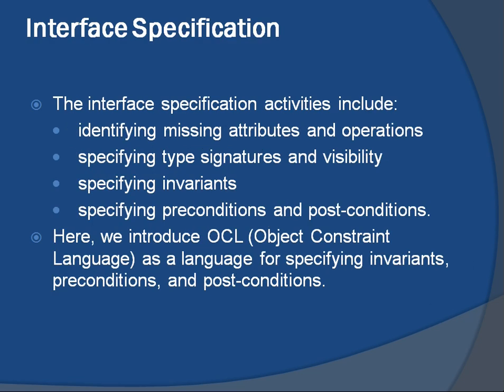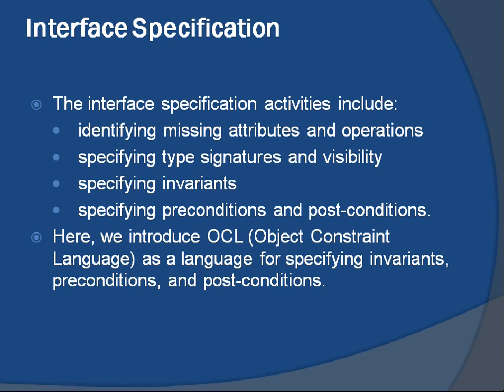Now we'll look at interface specification in depth. There are various activities which are included in interface specification. To name some of them, we have identifying missing attributes and operations. Here you need to identify what attributes or operations have not been included up till now, and these have to be included to specify certain functionality.